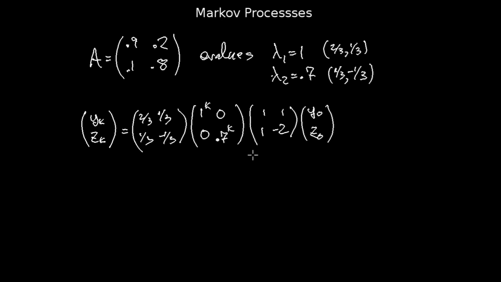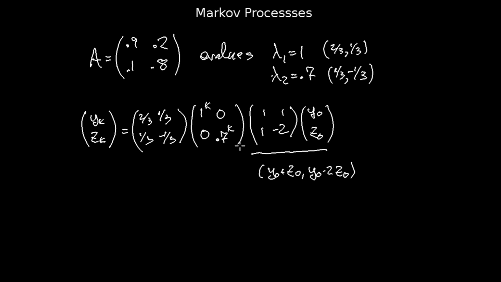Okay. So as I said, this is this fixed vector. We can write it as y0 plus z0, y0 minus 2z0. And whatever y0 and z0 are, I don't care at the moment. And then we're going to be applying this to it.